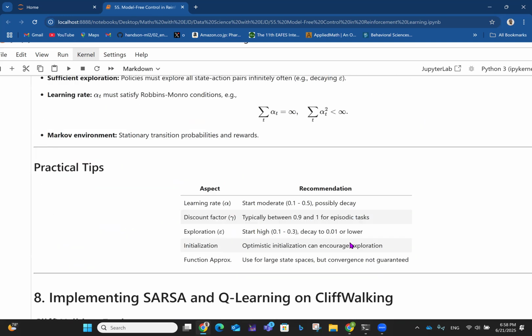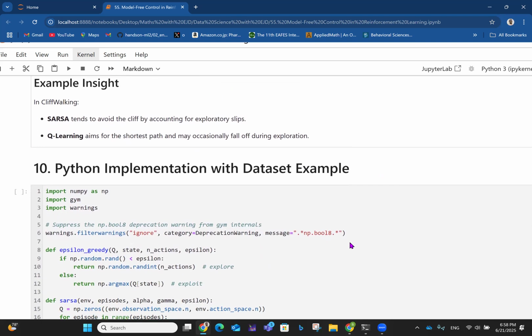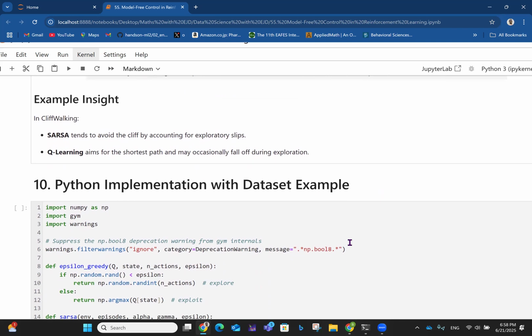So, an example insight in CliffWalking: SARSA tends to avoid the cliff by accounting for exploratory slips. Q-learning aims for the shortest path and may occasionally fall off during exploration. So it's like you're climbing a cliff, and you have these two approaches there: SARSA, state action reward state action, or Q-learning on its own.